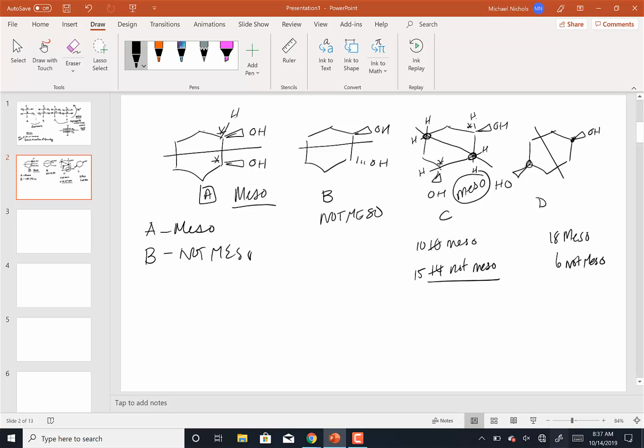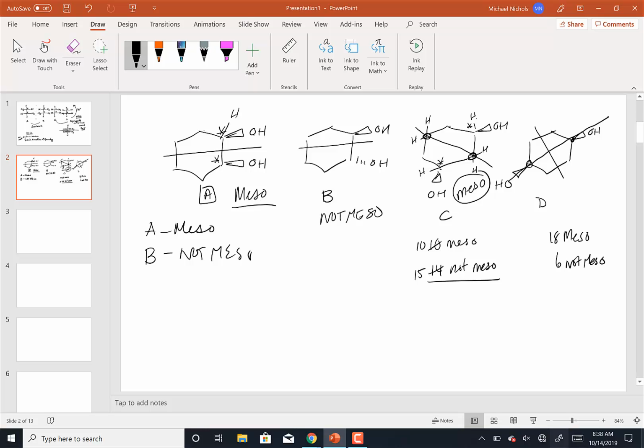This one's a mirror plane, and where's the other mirror plane? That's a mirror plane. Or am I wrong? Is that a mirror plane? What? I'm wrong.